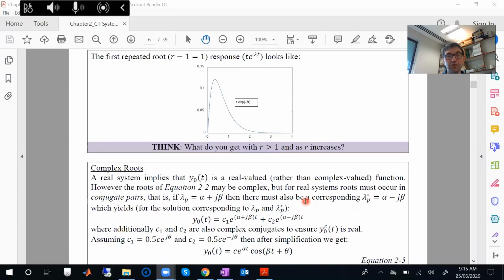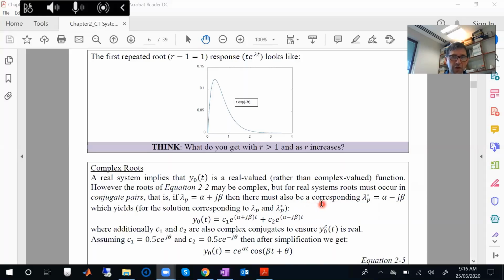When you solve these real equations with real coefficients, you always have complex roots which occur in pairs, where if you have an alpha plus j beta, you must have an alpha minus j beta. So you need to describe this as a complex conjugate. Wow, that's actually quite important to realize.